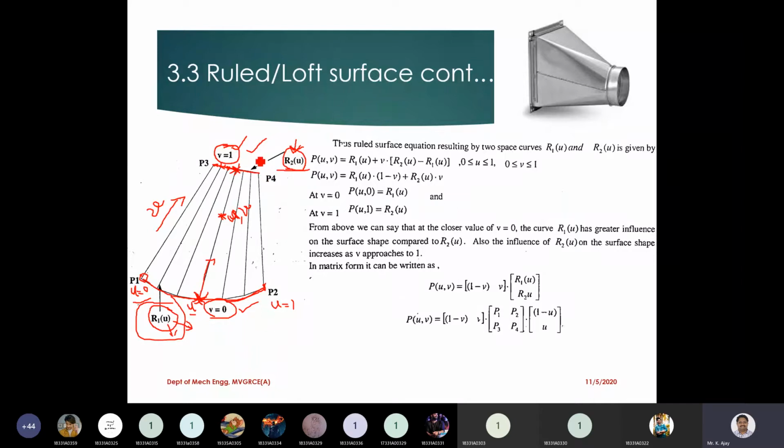So R2 of u minus R1 of u will become this entire straight line, which I need to multiply with v. The same thing was done here: R1 of u plus this distance, which I get by R2 of u minus R1 of u multiplied by v.